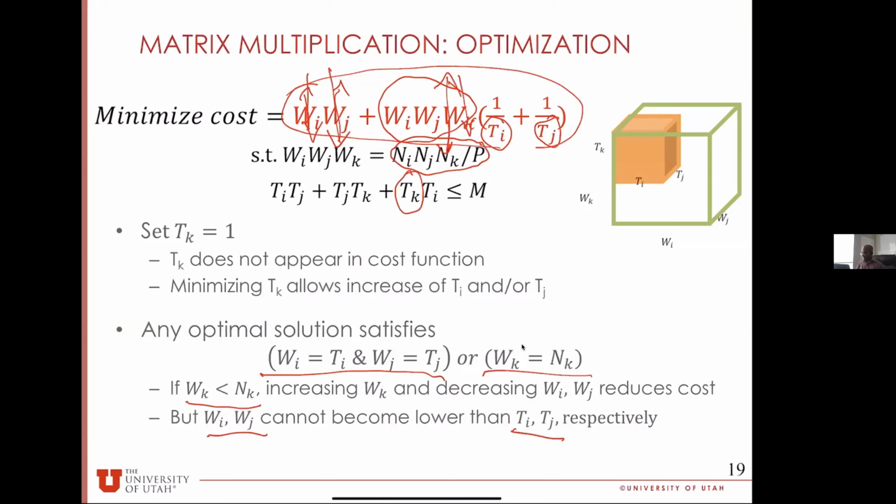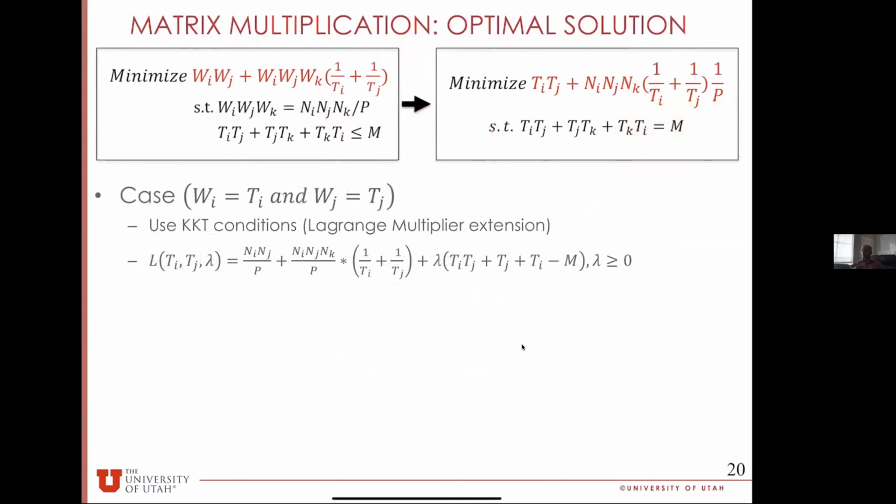So this allows us to reason with respect to these two separate cases. I'll just sketch how to solve one of the cases, where we have Wi equal to Ti and Wj equal to Tj. Under this condition, we can convert the system that we had on the previous slide to this, and I should also set Tk to 1.